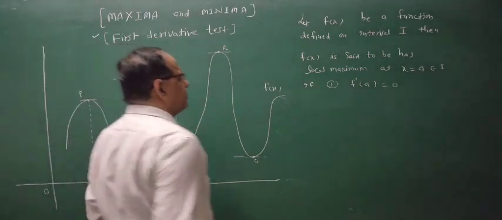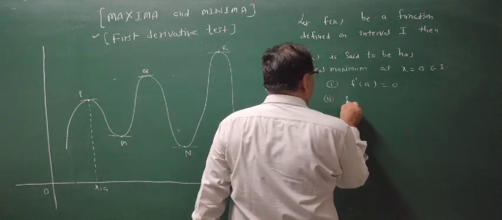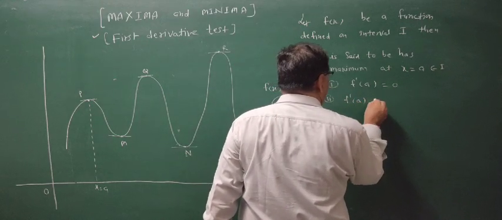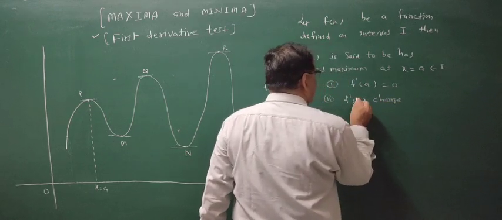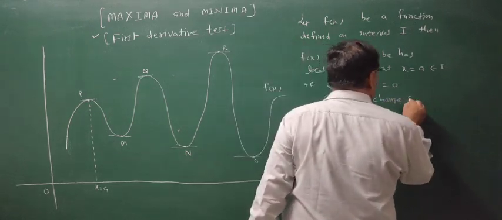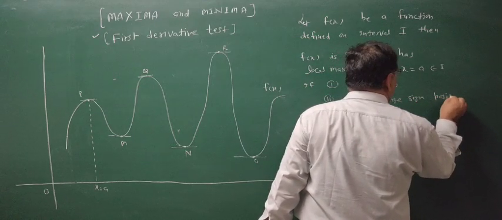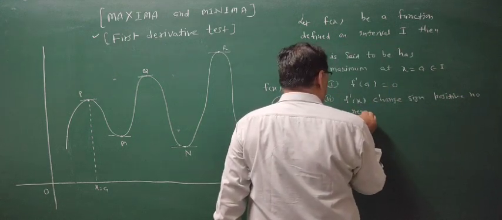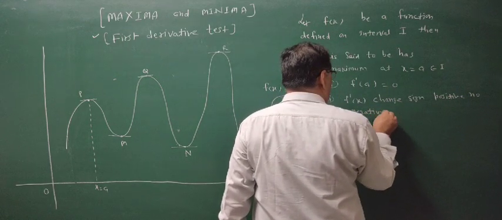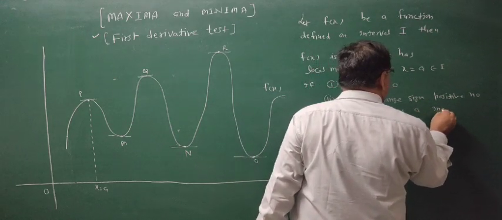And second, f dash x changes sign from positive to negative as x increases.